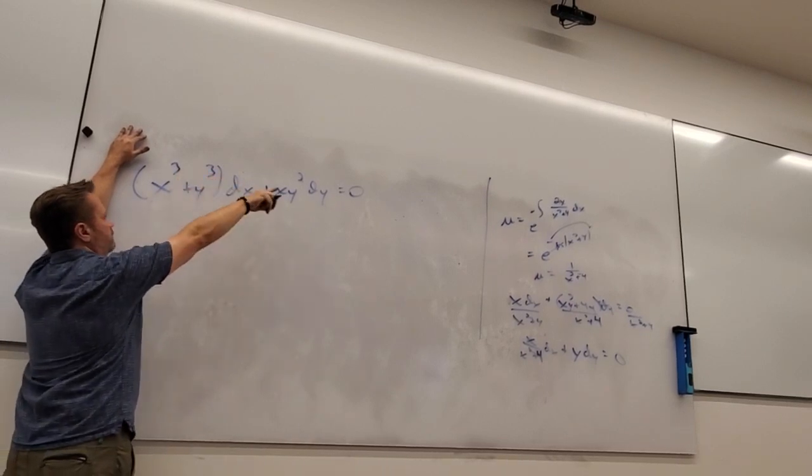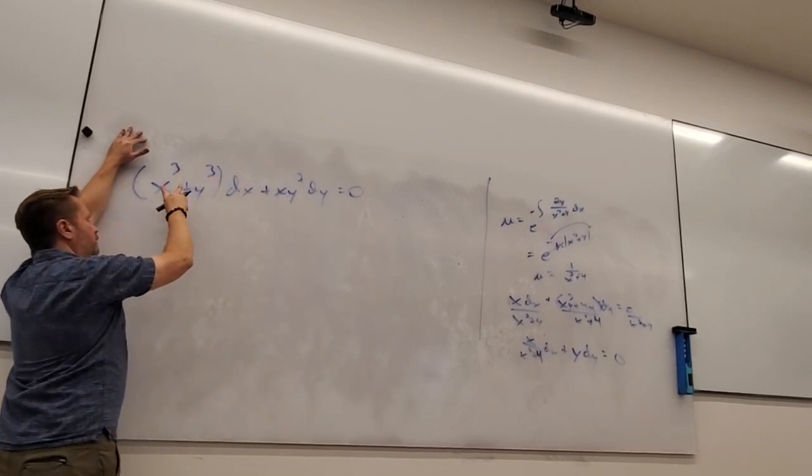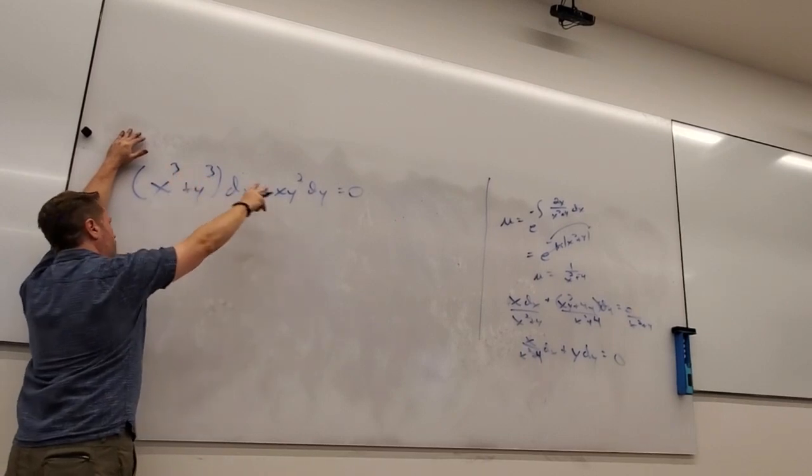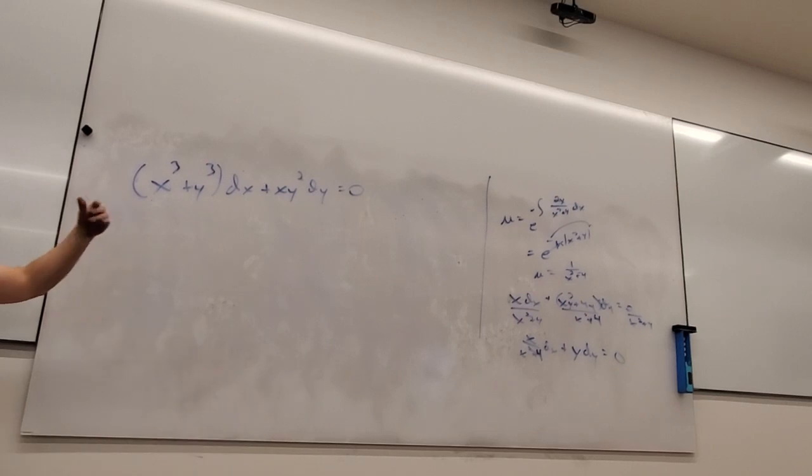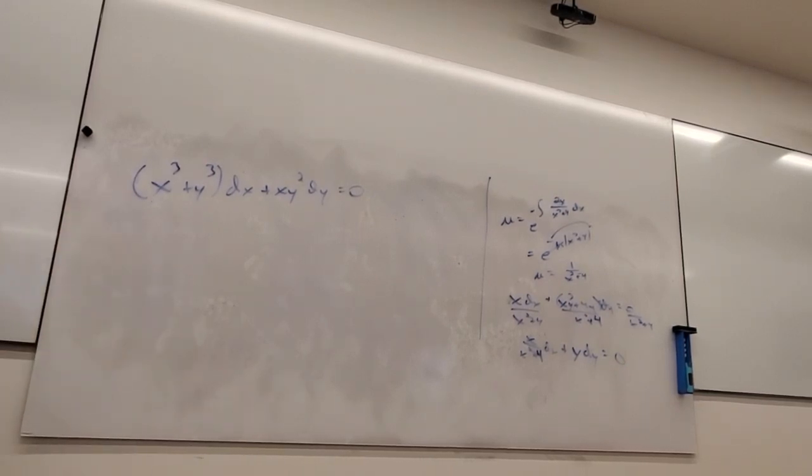If they have the same degree, what's the degree of this? 3. What's the degree of this? 3. Okay. And the official definition is if you replace x with tx and y with ty, you can take out a certain number of t. But it really just boils down to, are they the same degree?